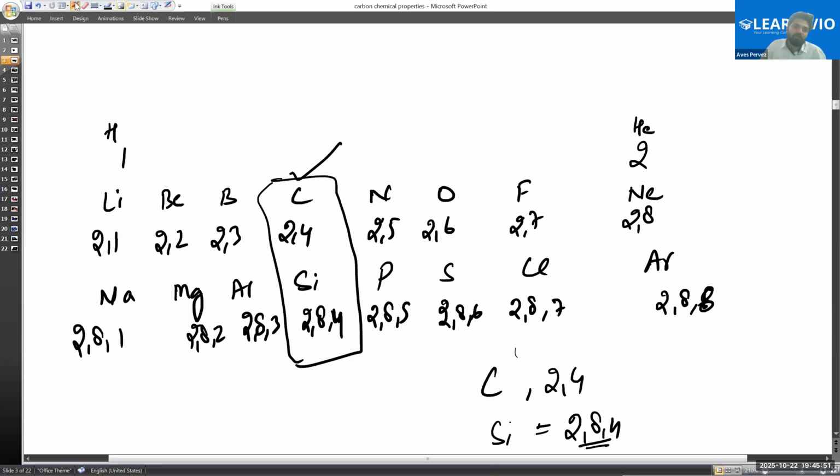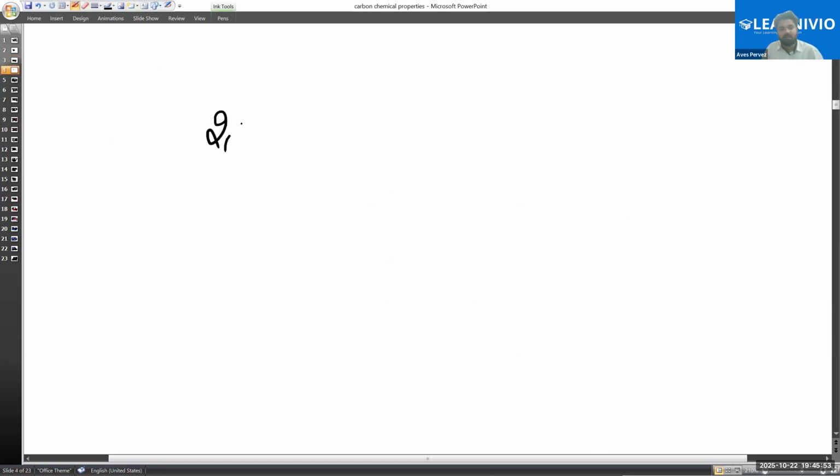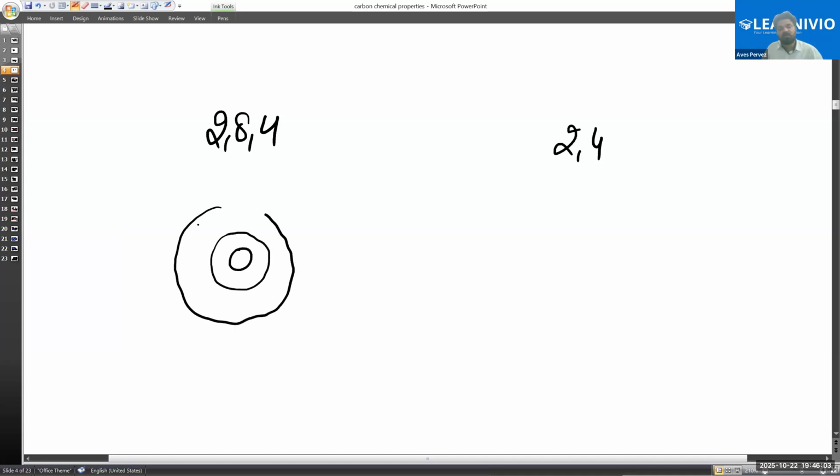So coming to the point, silicon is 2,8,4 with four shells, and carbon is 2,4. Because of this, the effective nuclear force on the outermost shell is very strong, since the nucleus is very close to the outermost shell.